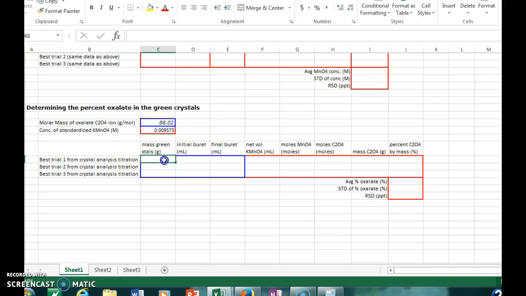Okay, massive green crystals, you measured these out. Again, I'm just going to make up some numbers here based on what people had.